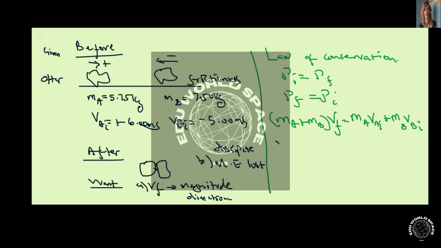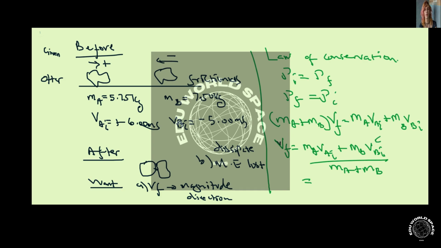So the final velocity is MA VAI, the initial momentum of the first otter, plus MB VBI, the initial momentum of the second otter, divided by the mass of the first otter plus the mass of the second one.